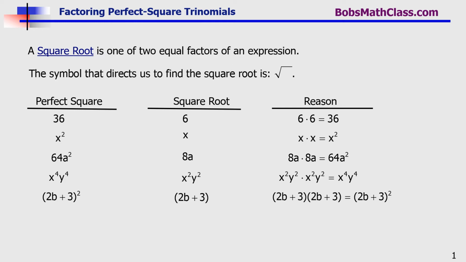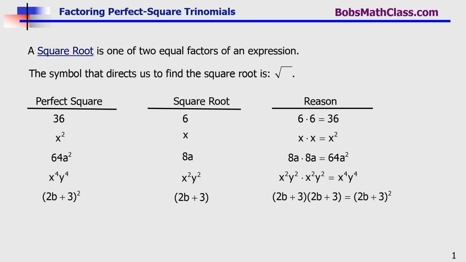64a squared, that would be 8a, because 8a times 8a is 64a squared. So notice that the square root, if it has a variable, is half of whatever the perfect square was.